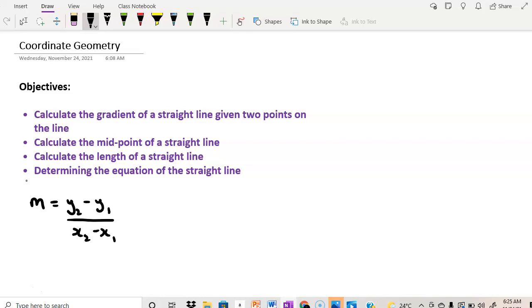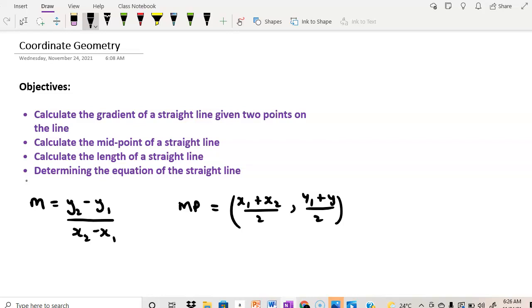That is our gradient. Our midpoint may be determined by using the formula x1 plus x2 divided by 2. It's very important that you commit these formulas to memory. y1 plus y2 divided by 2. And that is our midpoint formula.